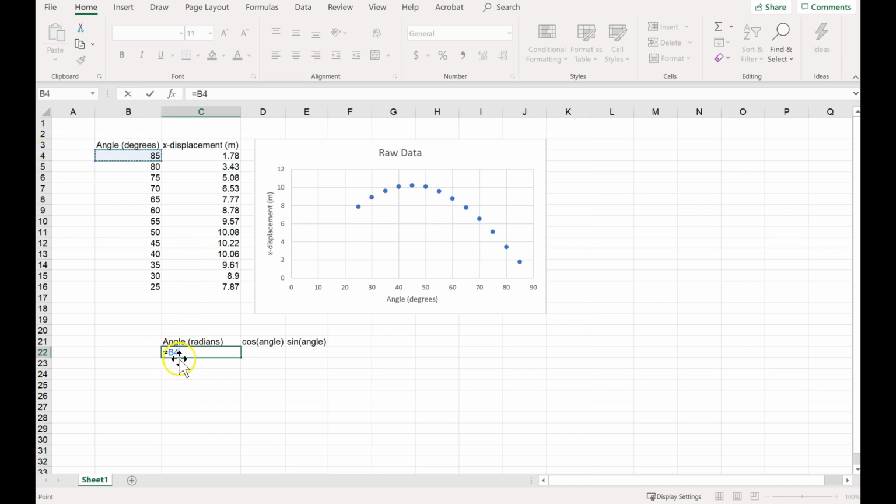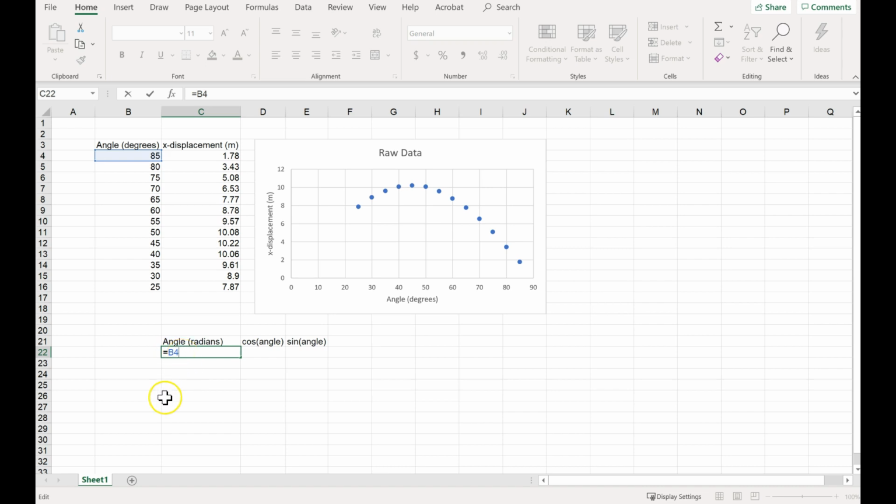And look at what we've got here. This is called a cell reference, and Excel is replacing that reference with whatever number is located inside of cell B4. So right now that effectively is the degrees, 85 degrees.